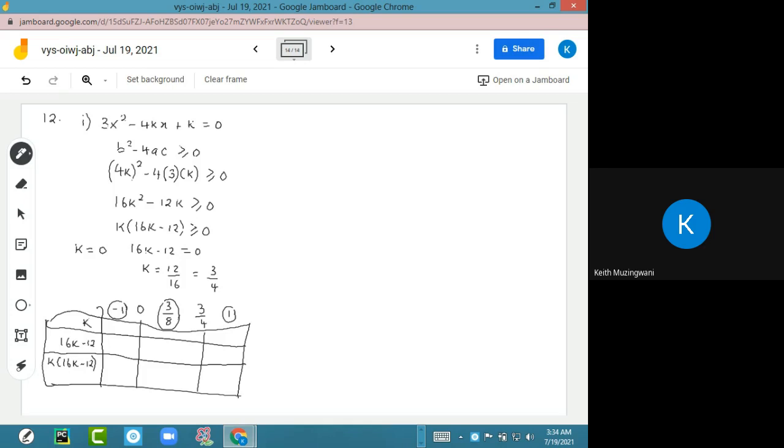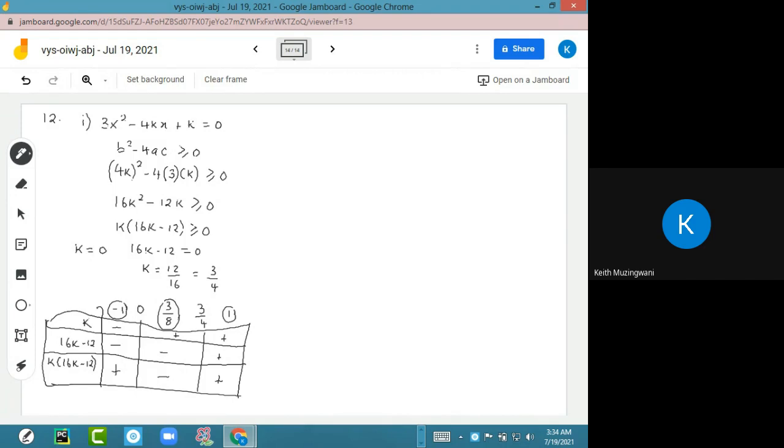So we take negative 1, we get negative, negative, plus. Then we take 3 over 8, we'll get positive, then negative, which is negative. Take 1, we get positive, positive, which is positive.